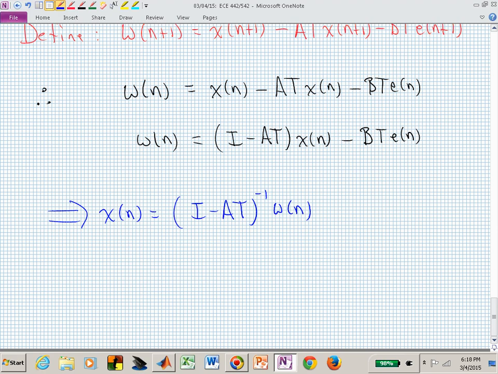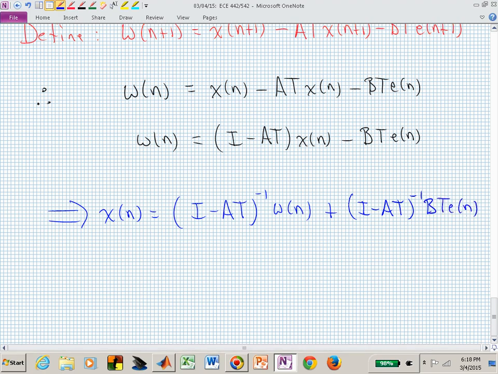And if I put the e on the same side as the w, that BT would have a plus sign, and it needs to be pre-multiplied also by I minus AT inverse. Is it clear where that came from?